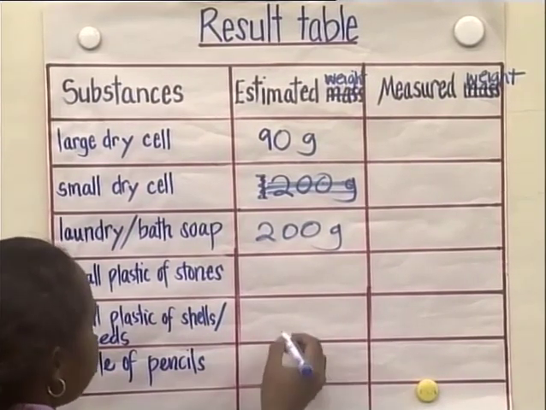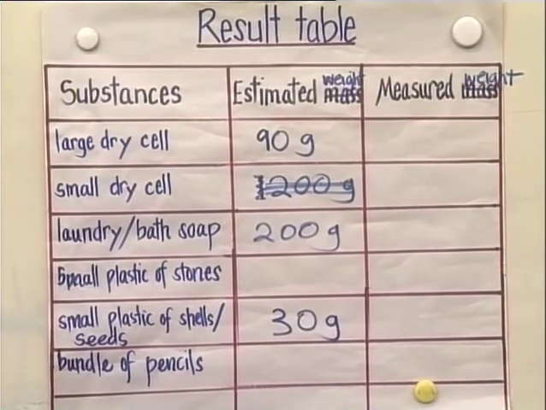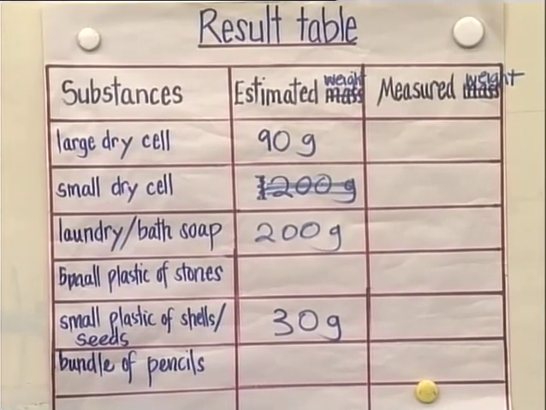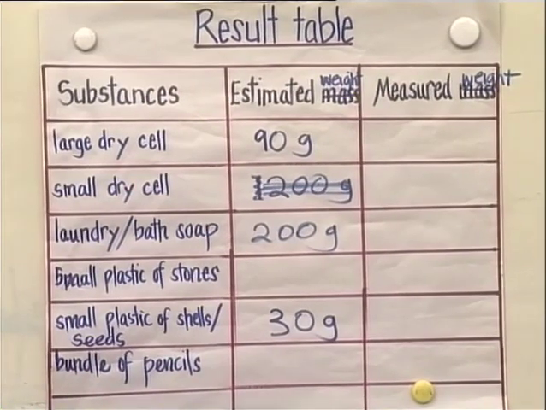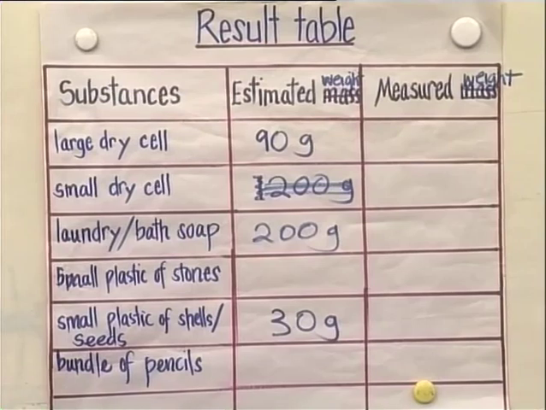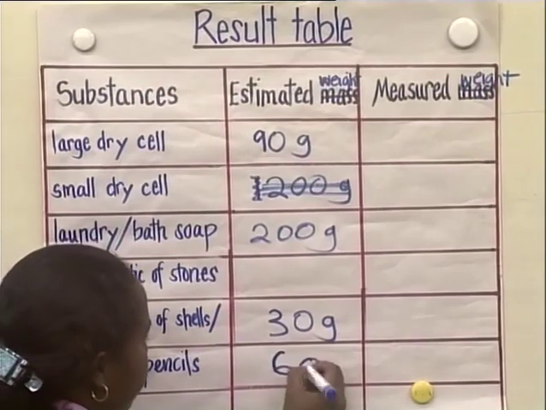Okay, 30 grams. Bundle of pens or pencils, biros or pencils. Let's have Michael. 60. Okay, Michael says 60 grams.